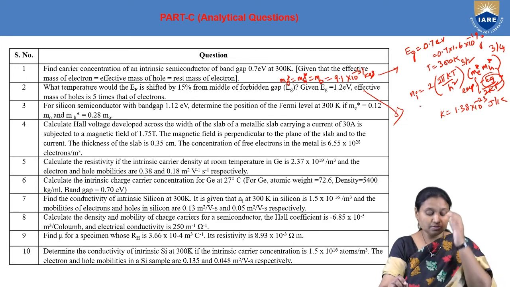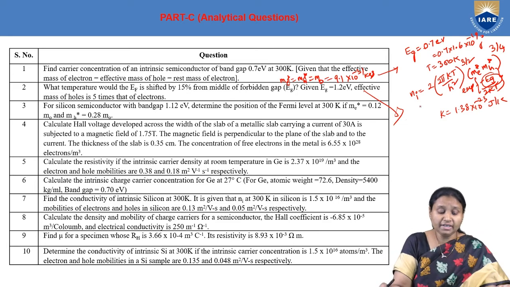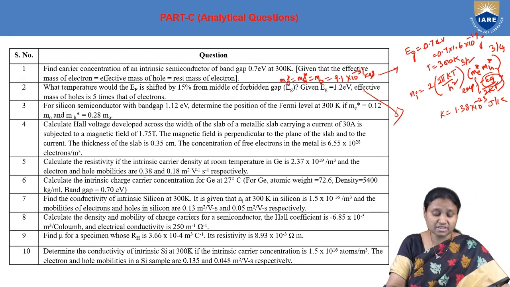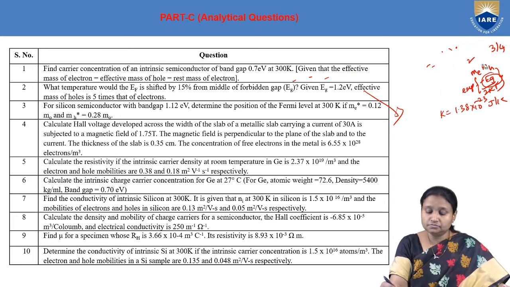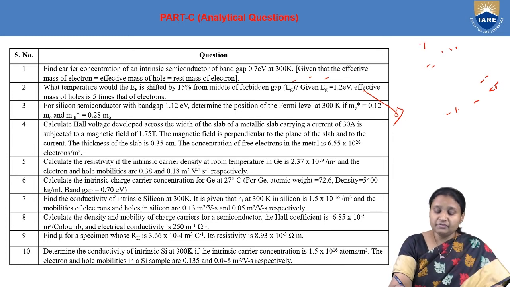And coming to this problem, at what temperature would the Fermi level be shifted by 15% from the middle of the forbidden energy gap? So for this problem, first we have to take the expression for Fermi energy level.